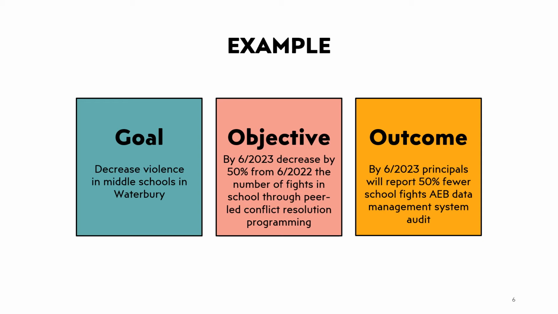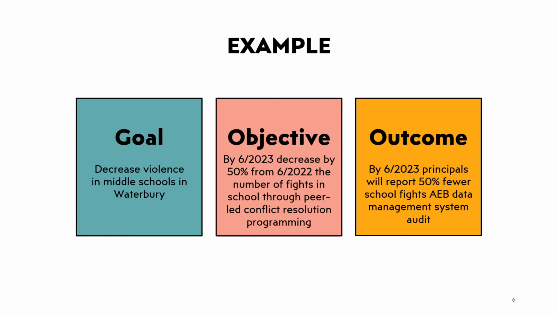Peer-led conflict resolution programming is relevant to decreasing number of fights and thereby decreasing the violence. And then, is it time specific or time sensitive or time bound? And here it is. We're saying that in 1 year's time, we want to see a decrease by 50%. So this objective is SMART because it checks all of those boxes.